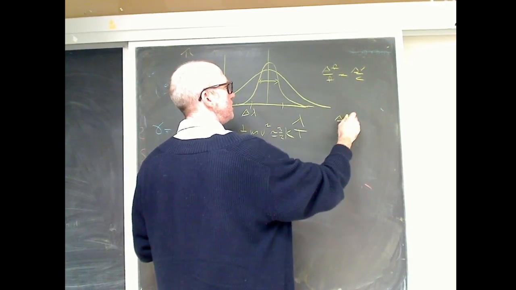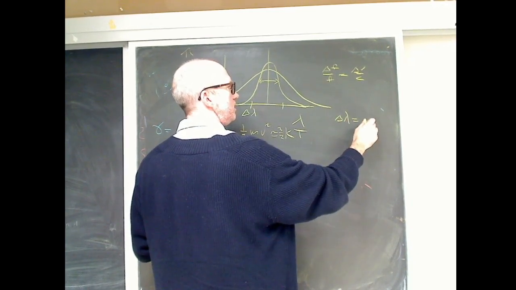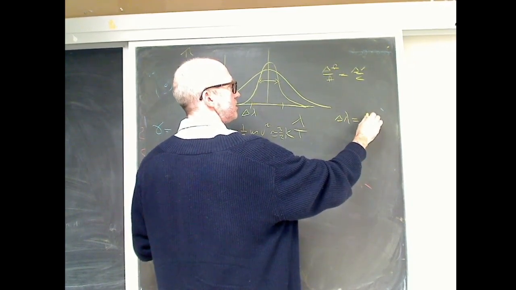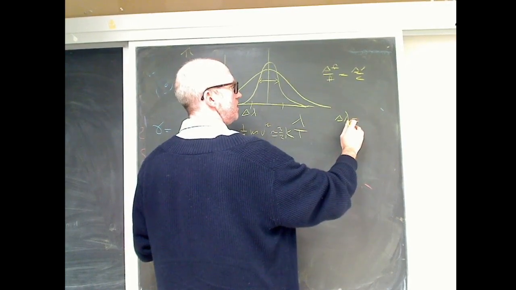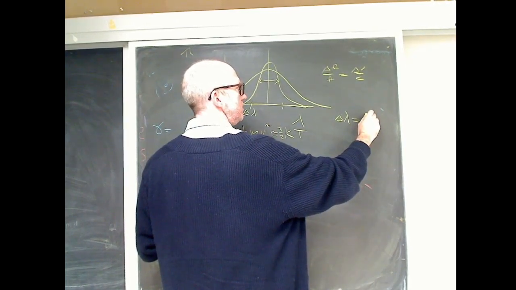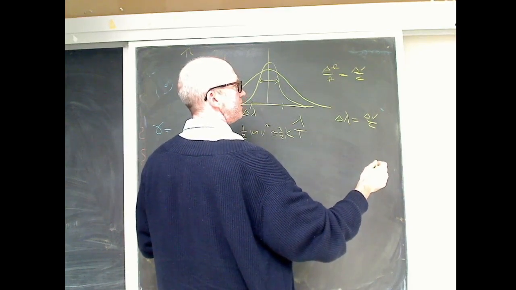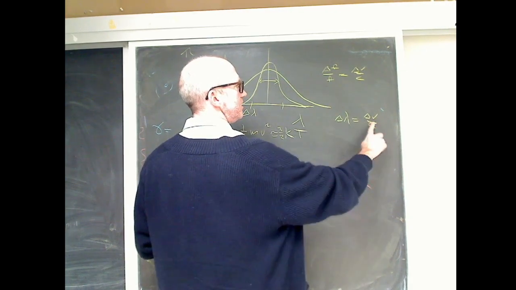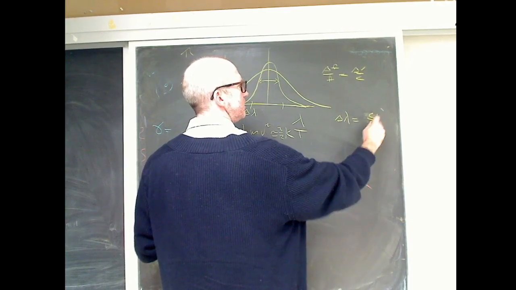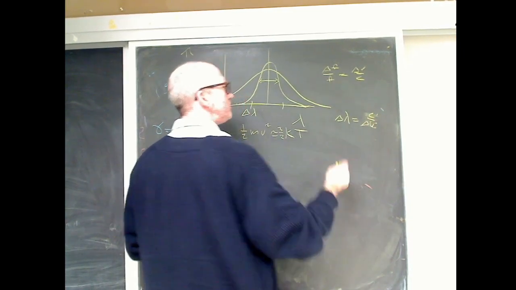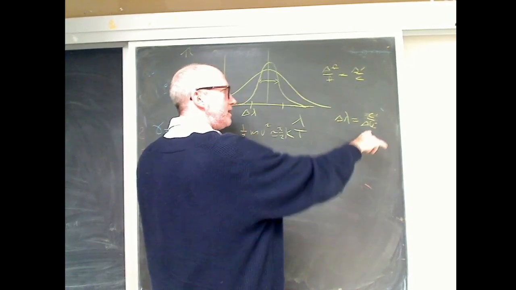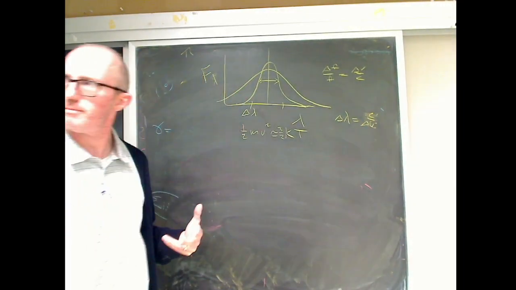So delta lambda is going to be, this is in meters, so that's got to be delta v over c. Is that right? No, c over v. Right. So there's a relationship between how long it is and how fast that gas is moving, right?